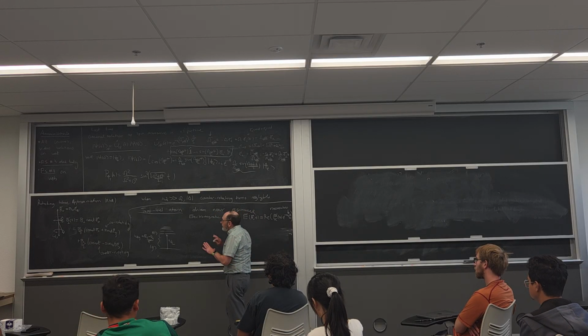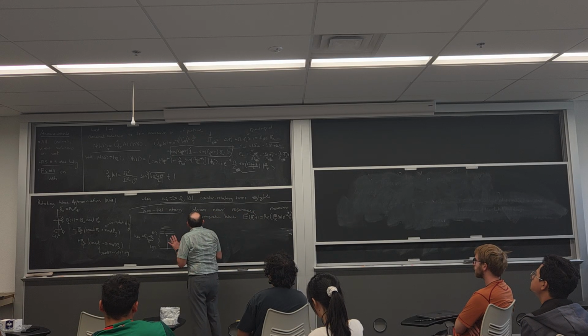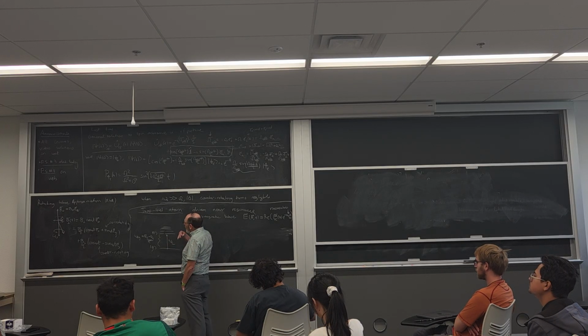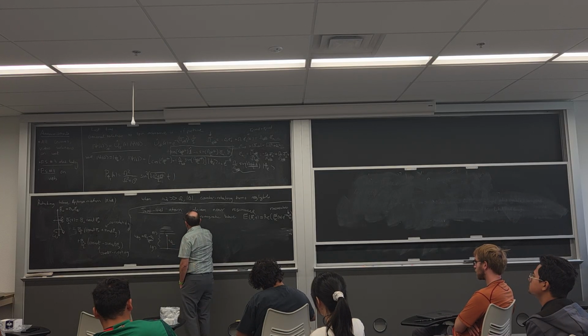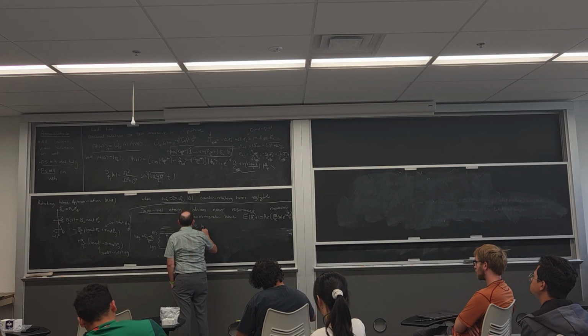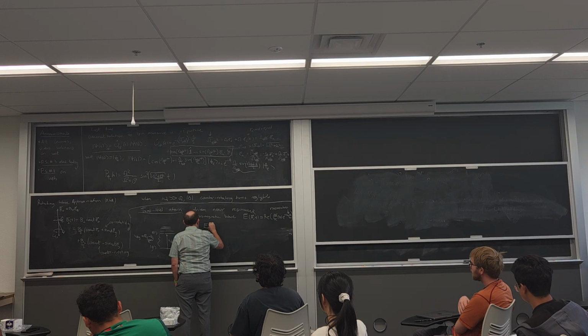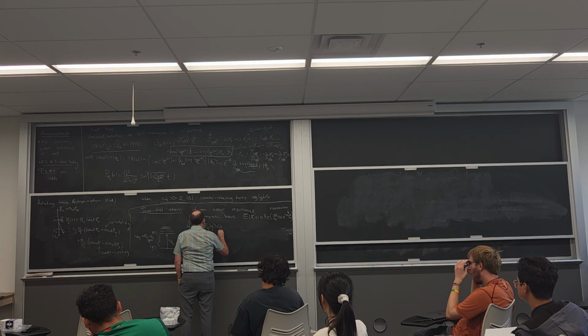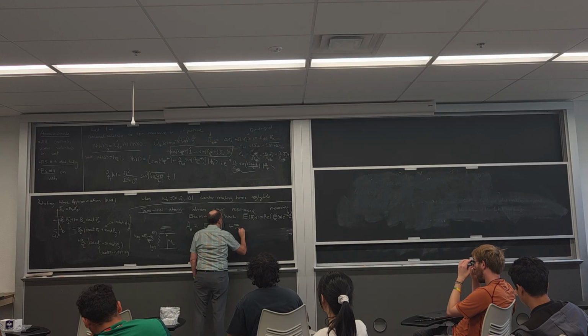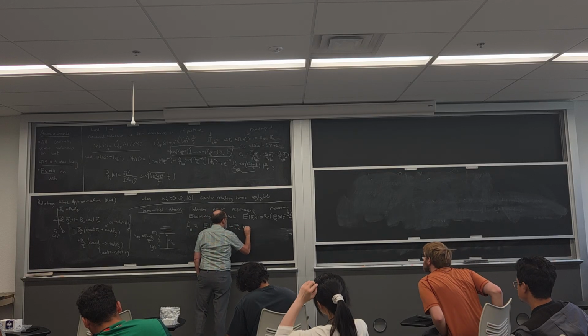So with all of that said, we then have a two-level transition, and we have to think about my Hamiltonian. My atom in this approximation is this.